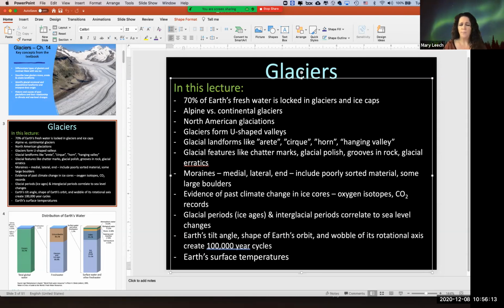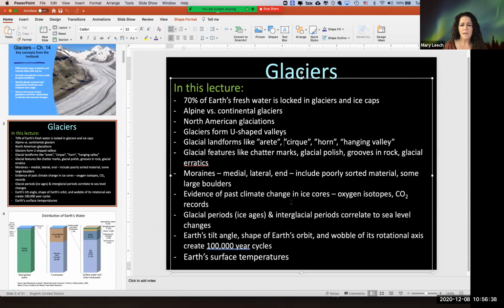They all include poorly sorted material. We talked about that in the sedimentary rocks and processes lecture. And includes some really large boulders that can be left behind because ice has a high viscosity. It's much higher than water, right? It can pick up large things.